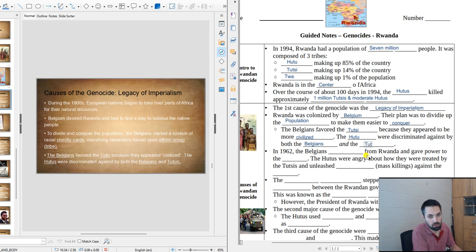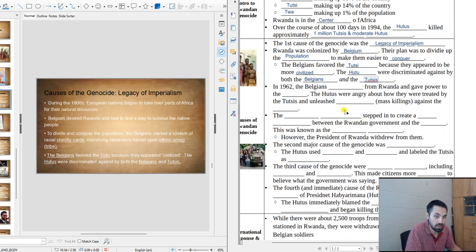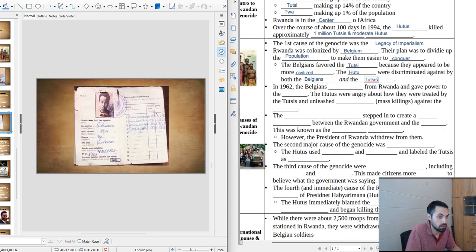So we have a large part of the population that is being discriminated against. This is a kind of race card they would use to give different rights and different privileges to these different groups.